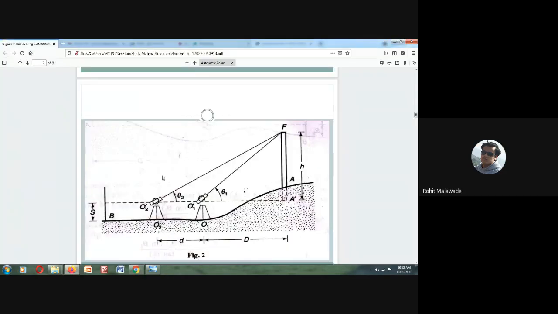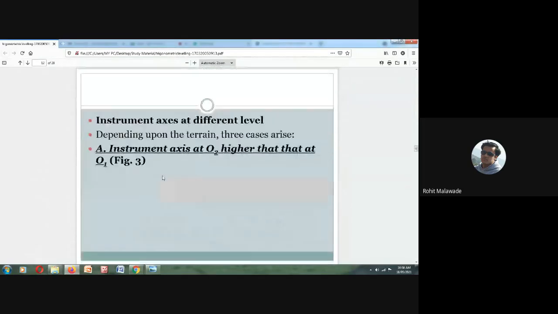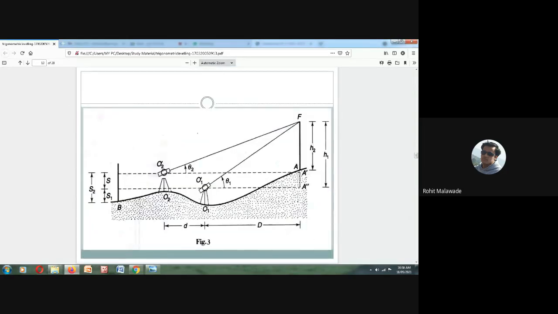Now we will see what is the second case. In the second case, the instrument axis at O2 is at a higher level than O1. So this problem will fall under which category?